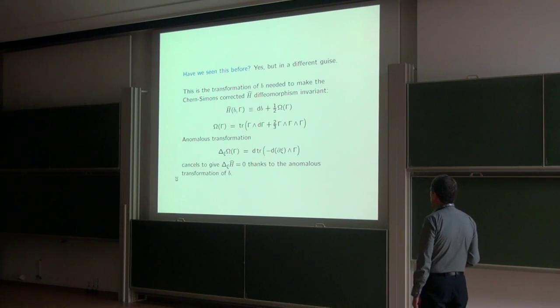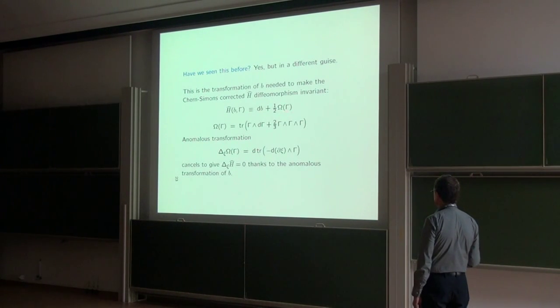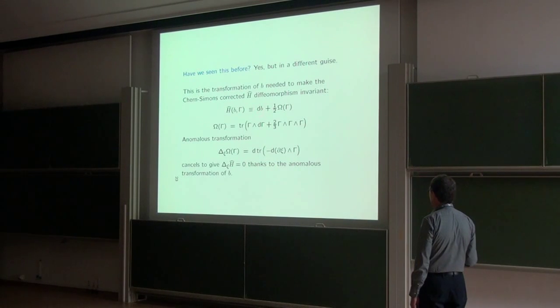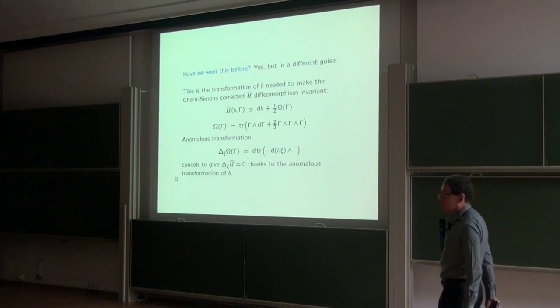And you know that the Chern-Simons 3 form is not generally covariant. It has an anomalous transformation. And this anomalous transformation is cancelled by the now anomalous transformation of the B field. So you achieve a cancellation thanks to the anomalous transformations.